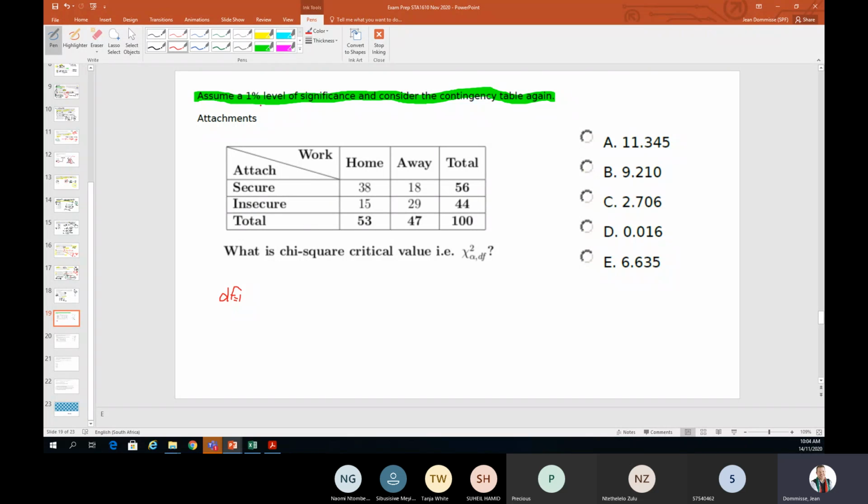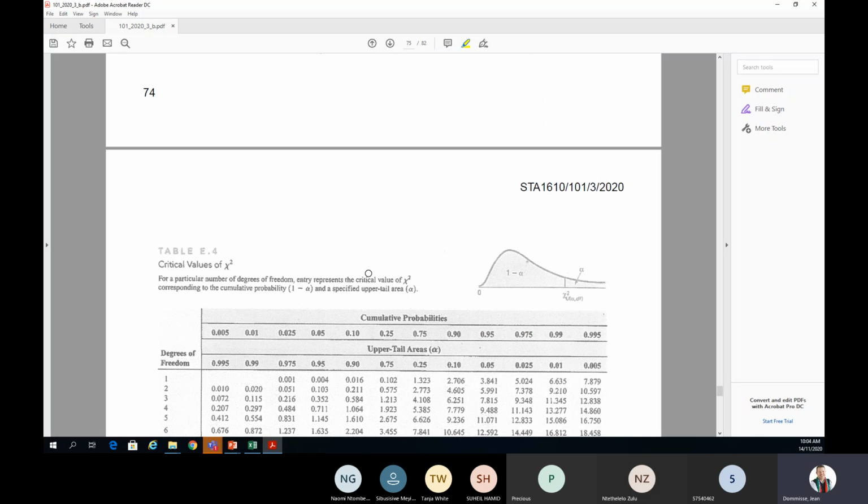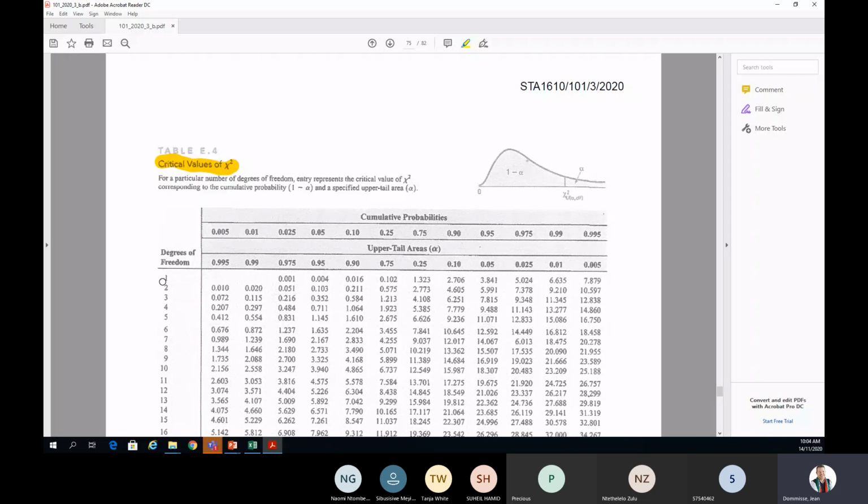So assume a 1% level of significance. So 1% level, 0,01, that's 1%. So we will go to degrees of freedom. So let's just get to the chi-square table. Okay. Degrees of freedom 1, 0,01.